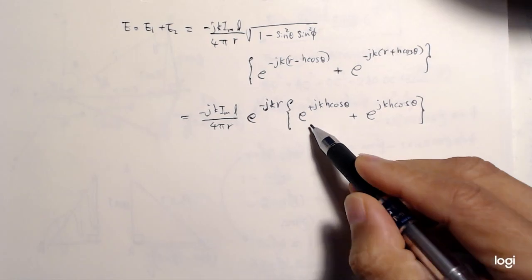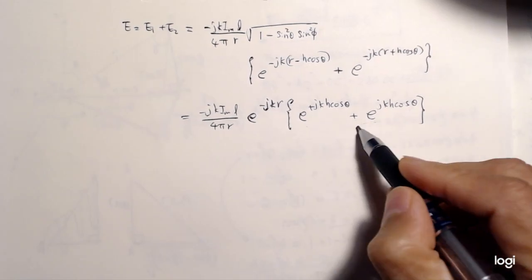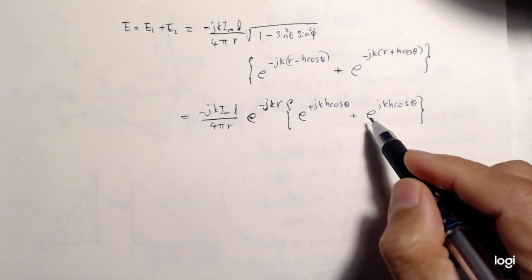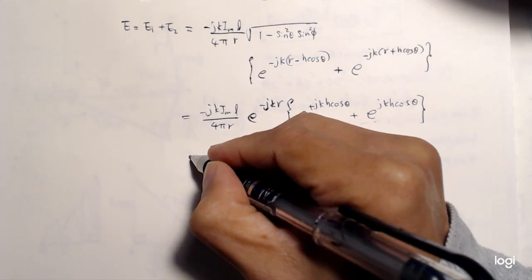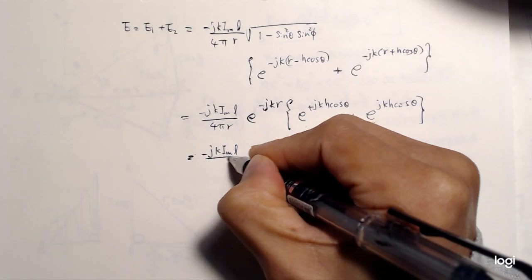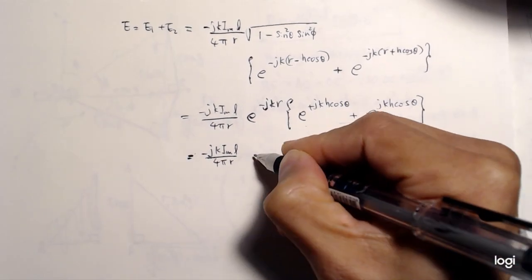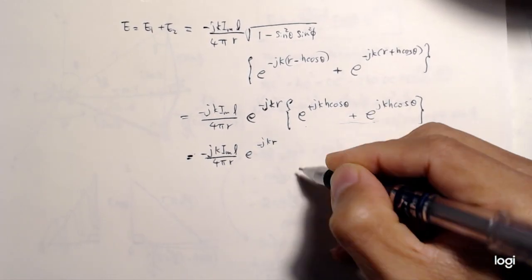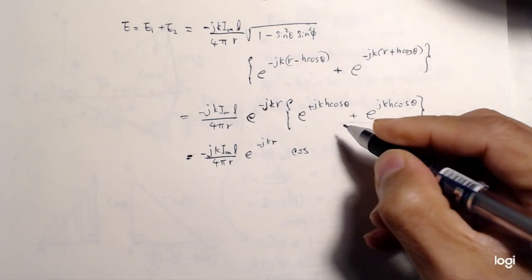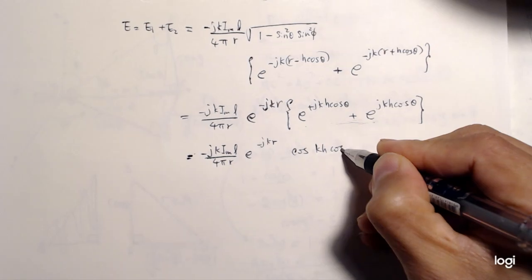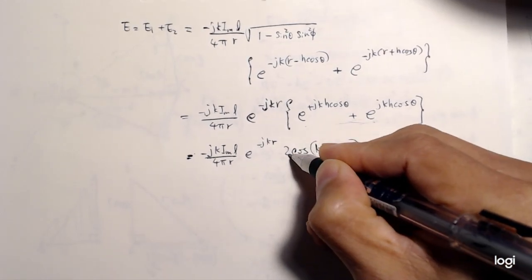Now this expression looks very familiar. Yeah, we can use cosine to rewrite it. Yeah, cosine kh beta, and remember there is 2 here.